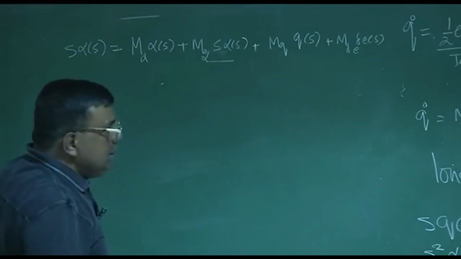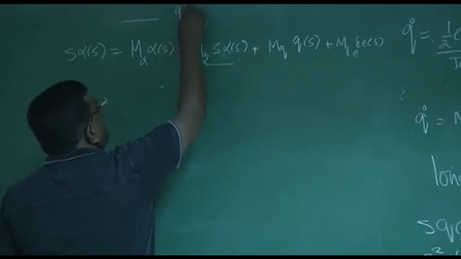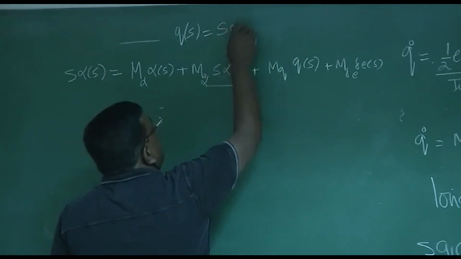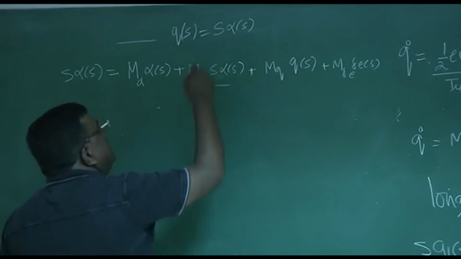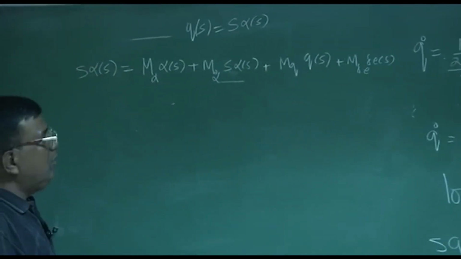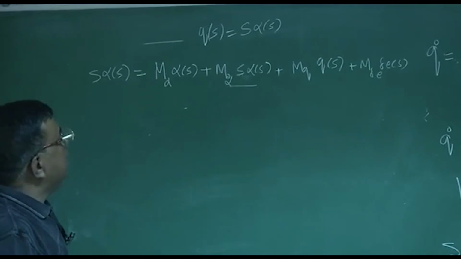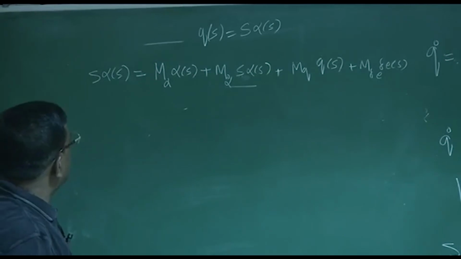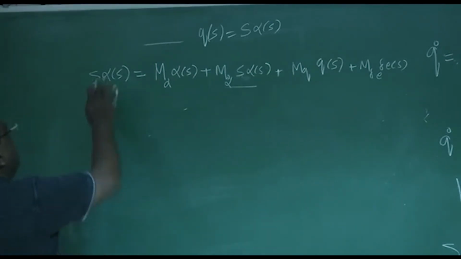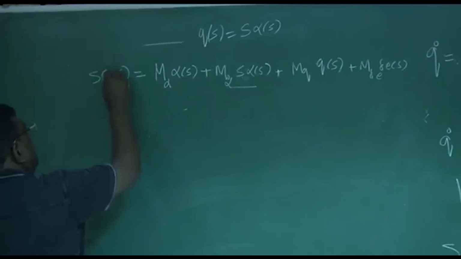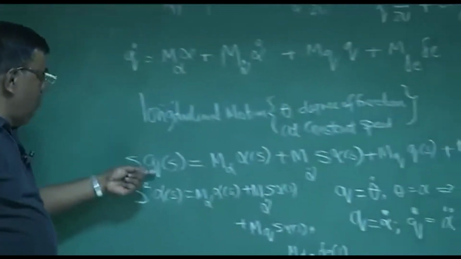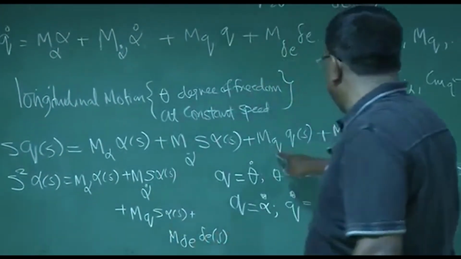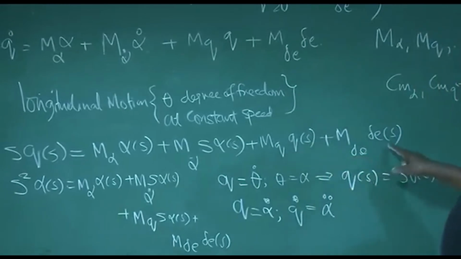But we know that Q of S equals S alpha of S. Generally it is customary to use a small case s, but for clarity I'm writing like this. So what do you get? Oh, this is not alpha S, please understand, this will be Q of S. This is SQ of S. Come back here. SQ of S equal to M alpha into alpha S, M alpha dot into S alpha S, plus MQ into Q of S, plus M delta E into delta E of S.